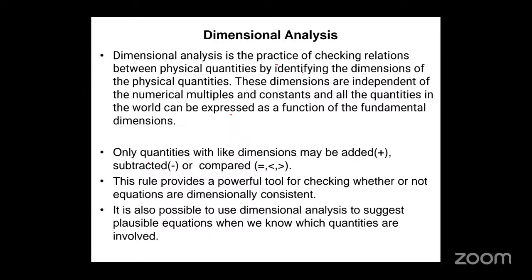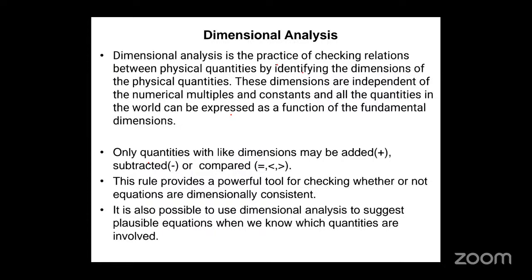They can be added, subtracted, or compared. And that will lead us to what is called the principle of homogeneity of dimensions. In physics, you can only add physical quantities with similar dimensions.